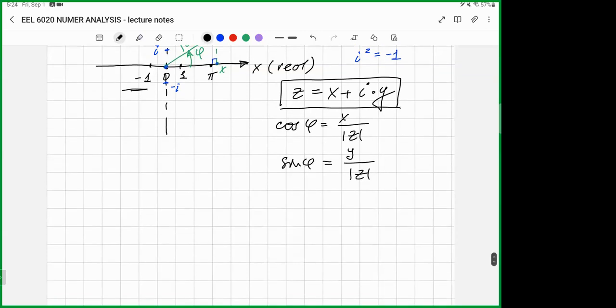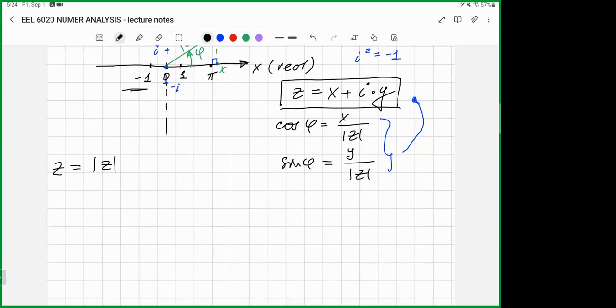Okay, so let's derive x and y from these formulas and plug them into the xy representation of the complex number. After that, it's very easy to do, right? We get z.